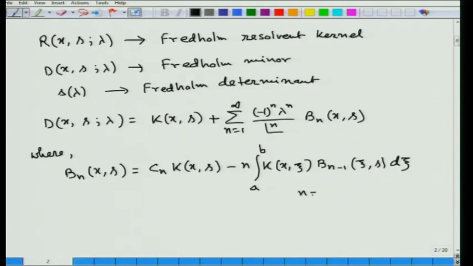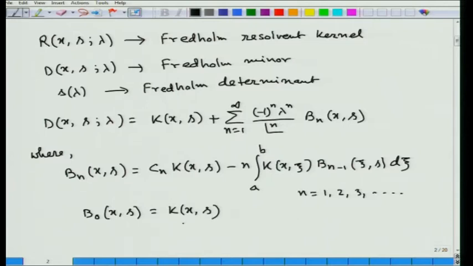This formula is valid for n equal to 1, 2, 3 and so on, and in particular B_0(x, s) is defined by K(x, s).